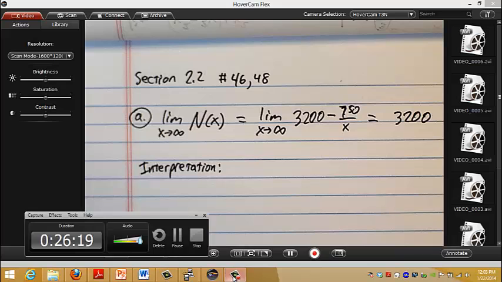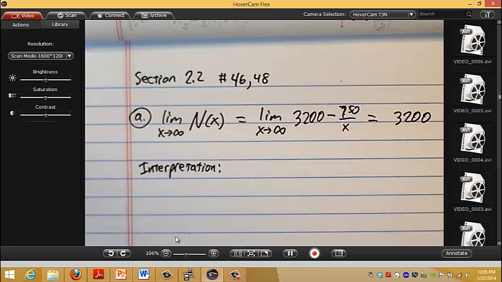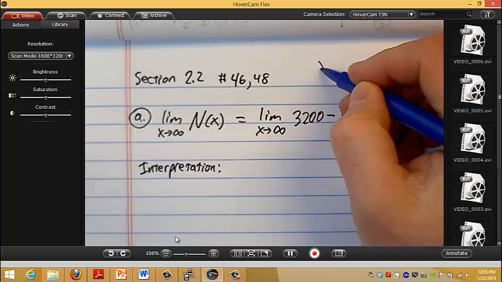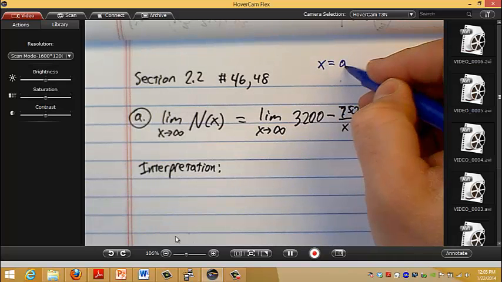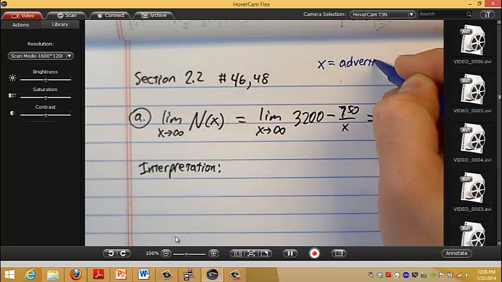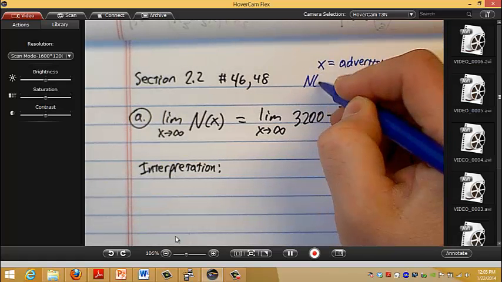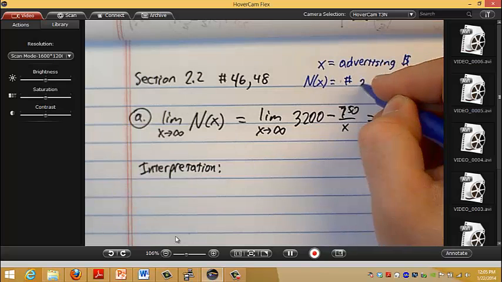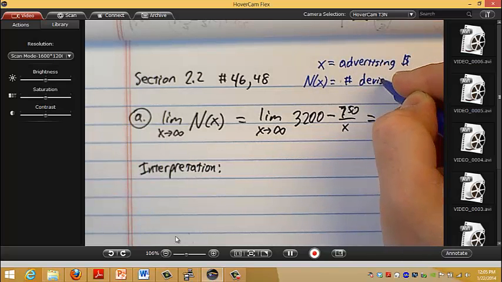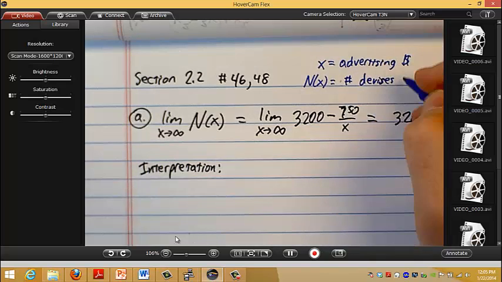Excuse me. In order to interpret this, you really need to know what the variables stand for, right? What does x represent? Okay, advertising dollars. What about n of x? Devices purchased. Number of devices. This is the number of devices purchased.